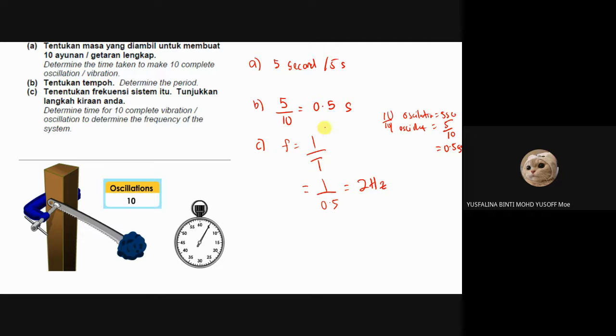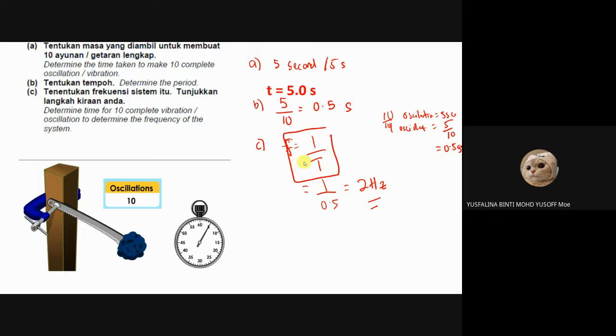This is the formula for frequency, f equals 1 over T. In 1 second, how many complete oscillations can the pendulum make? So this is 1 over T. The answer is 2 hertz, and this is the formula.